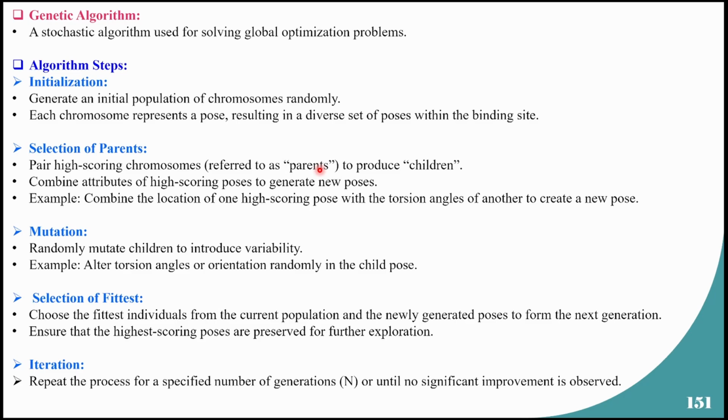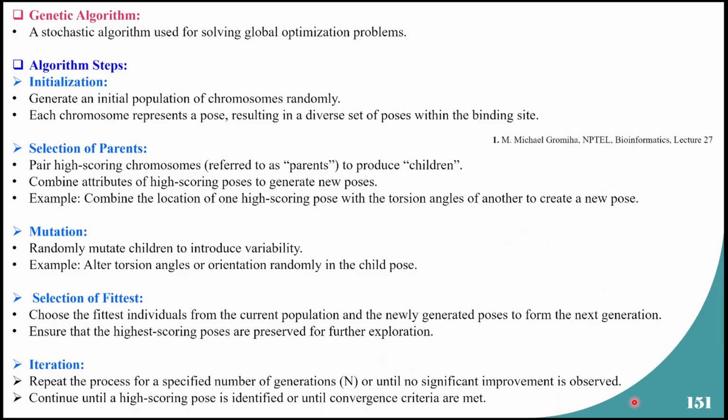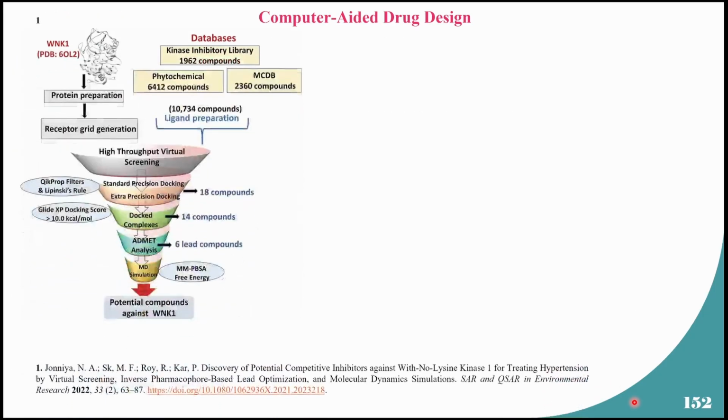You take certain parts of those, combine them together to create new poses, the new generation of poses, and then you keep doing that until there is no improvement in the scoring. So at that point, your algorithm will have converged. That's one way to find out the particular ligand conformation for the docking, right?